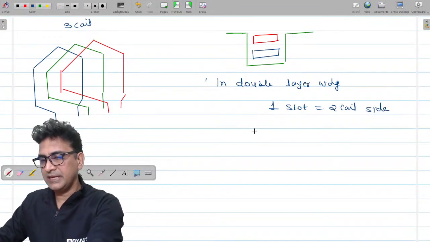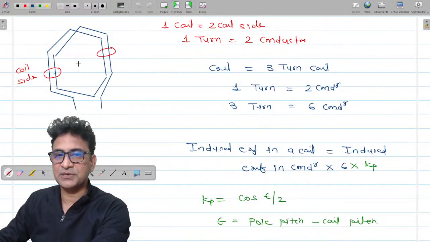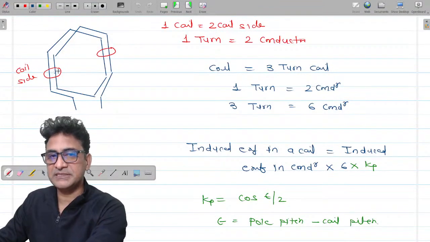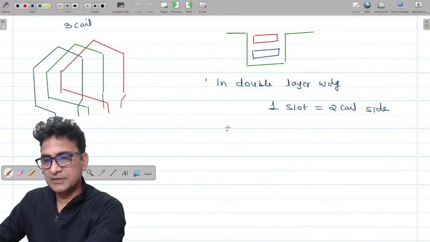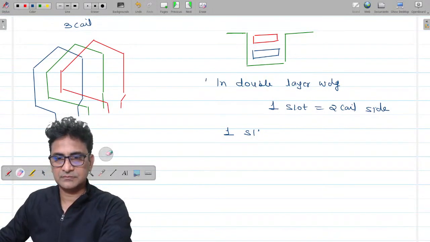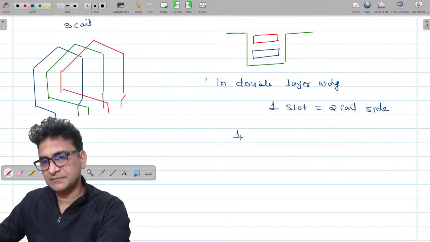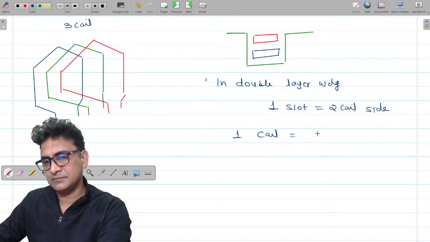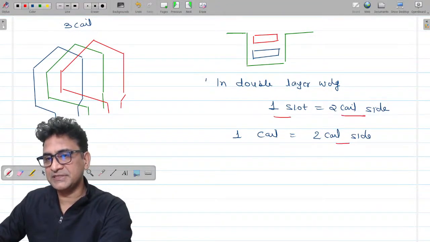Clear? And in the previous question I proved that one coil is equivalent to two coil sides. Each coil has two coil sides. One is placed under one pole and another is placed under the other pole. So if the right hand side has two coil sides, the left hand side should also be the same.